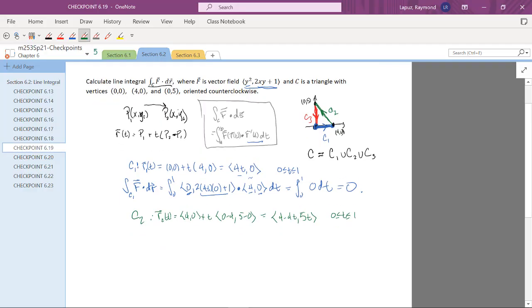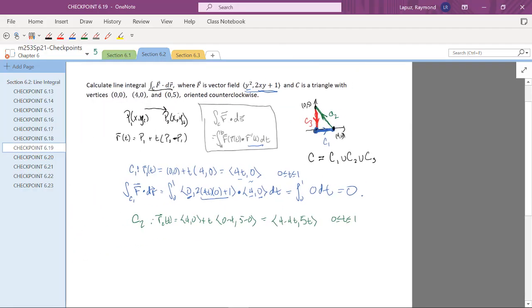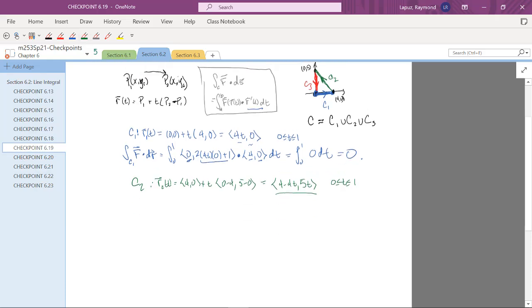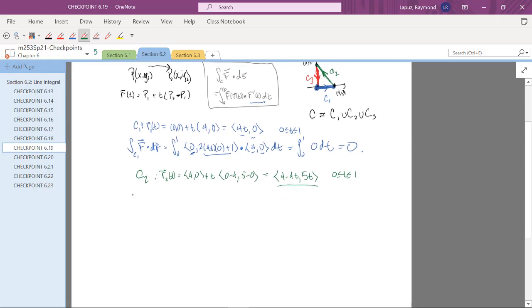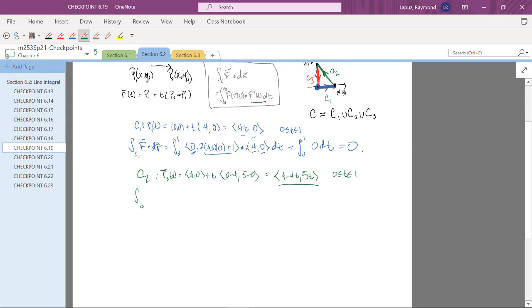Now that we have our parameterization, we need to integrate. The integral over C2 of F dot dr is going to be the integral from 0 to 1.